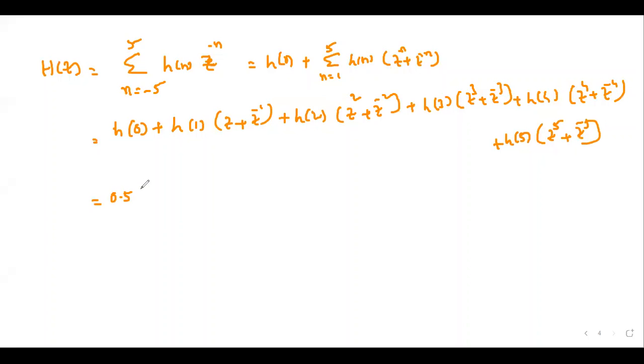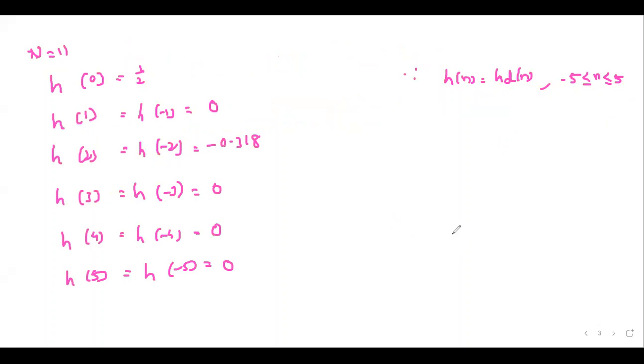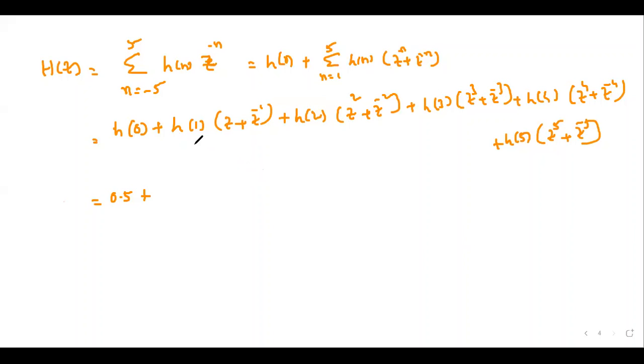0.5, meaning 1 by 2, plus h of 1 value, which is 0. h of 3 is 0, h of 4 is 0, h of 5 is 0. We have only the h of 2 term. What is the h of 2 term?